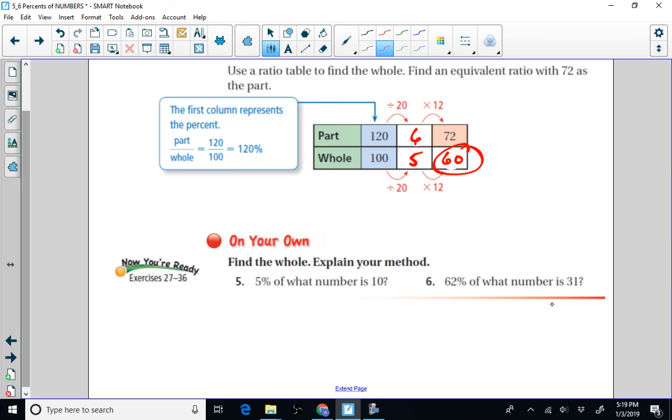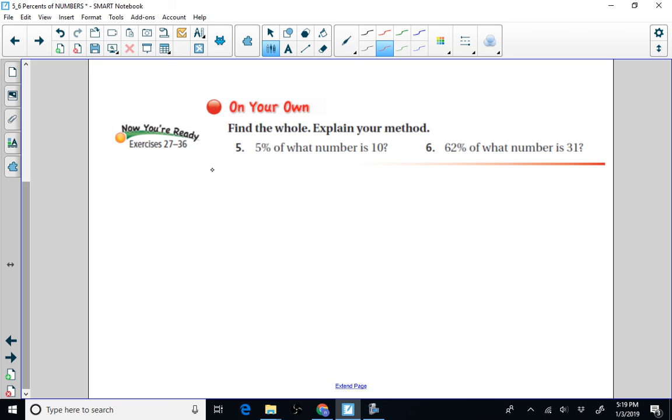Okay, so let's take a look at how we would do each of these. 5% of what number is 10? I start by writing 5 over 100. The word of means multiply. The phrase what number, that's my variable. Is an equal sign, and then we have 10. Now, to get n by itself, we'd have to divide both sides of the equation by 5 over 100.